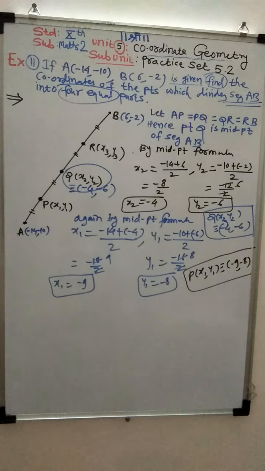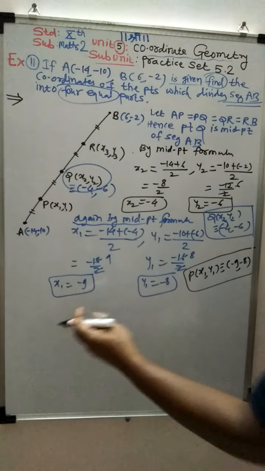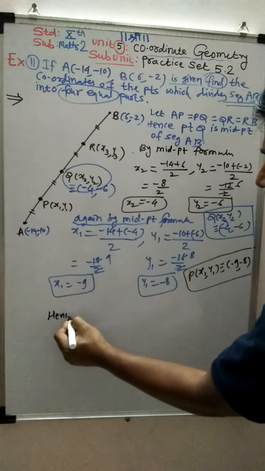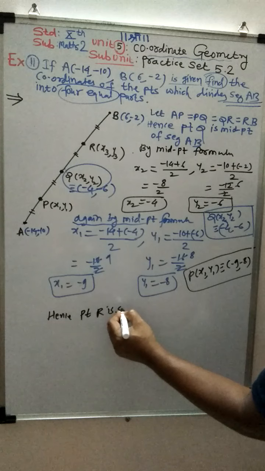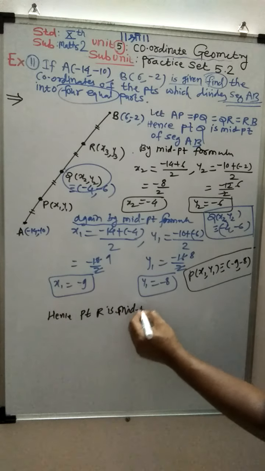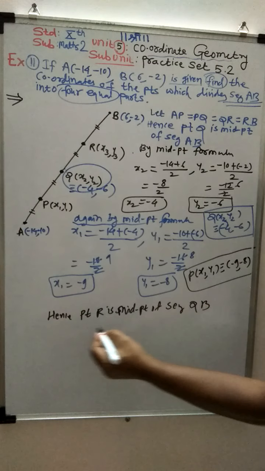Now we find the coordinates of point R. Again we use the midpoint formula. Hence point R is the midpoint of segment QB.